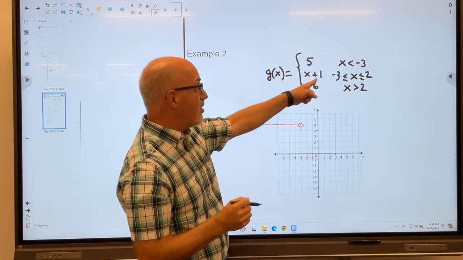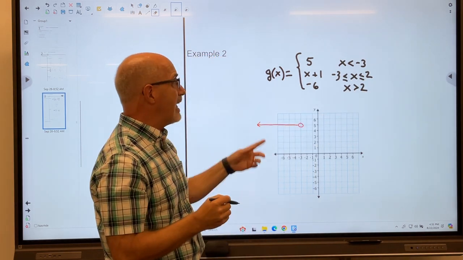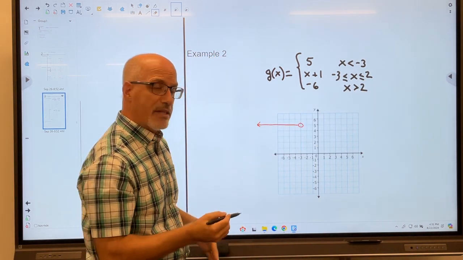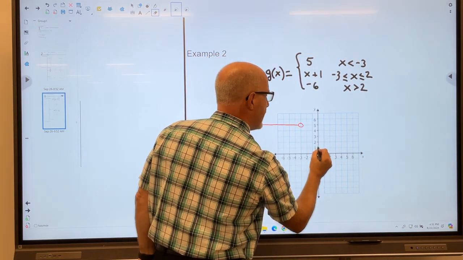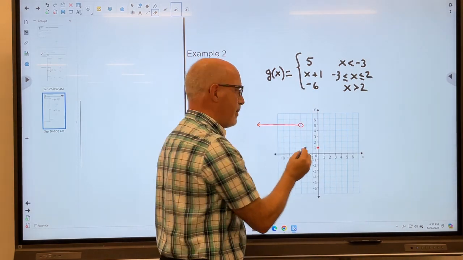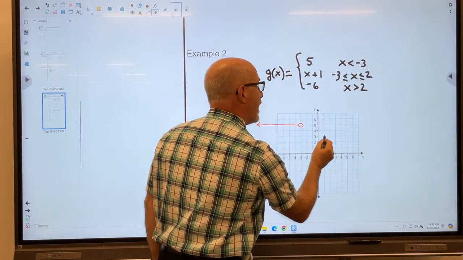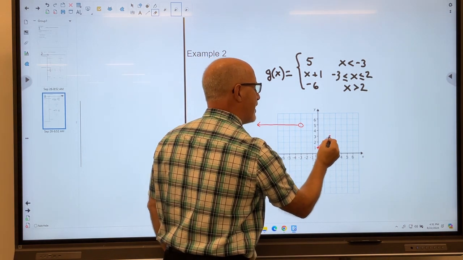So that's how that graph looks. Now, this is a line between -3 and 2. I'm going to go ahead and draw it using the y-intercept and the slope. So I'm going to start this graph at 1, and I'm going to go up 1 over 1 for the slope. So up 1 over 1, up 1 over 1, and notice it stops at 2, so stop the graph right there.